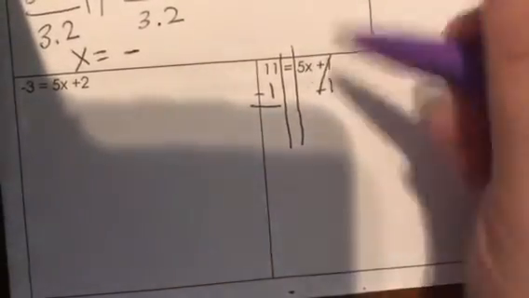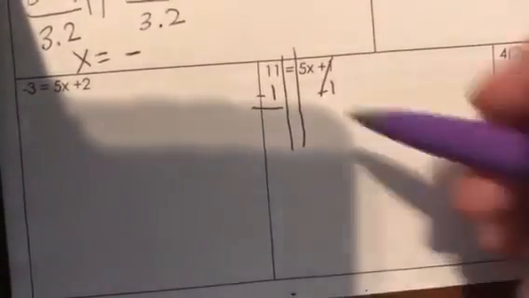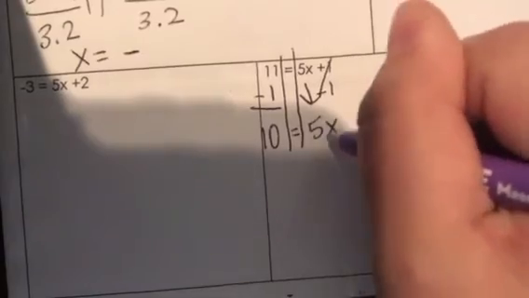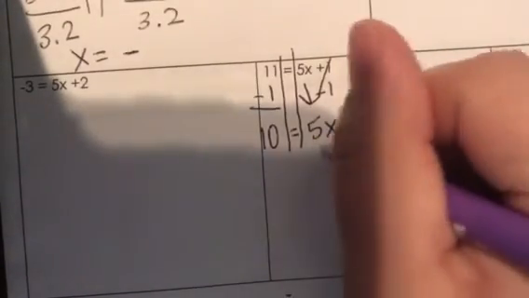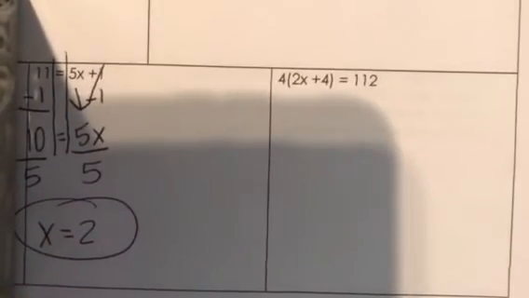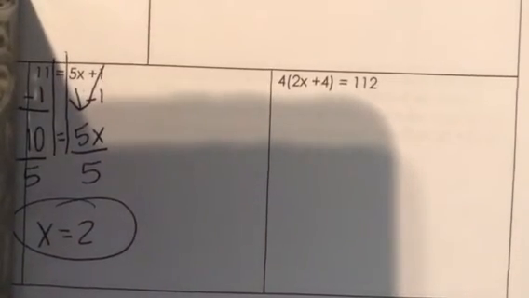And I have 11 minus 1 is 10. 10 is equal to, bring down my 5x. 5x means 5 times x, so I'm going to divide by 5. And I will have x is equal to 2.